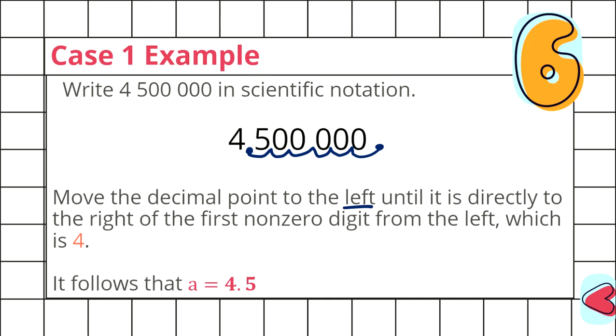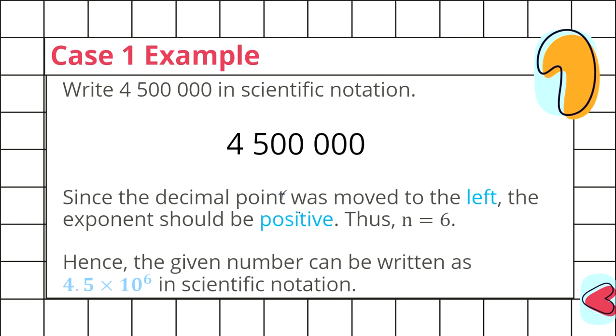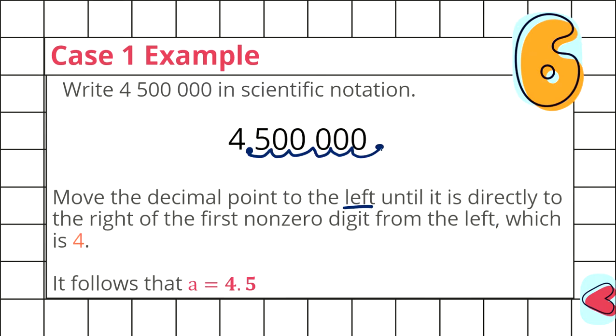Since the decimal point was moved to the left, the exponent should be positive. Thus, our n, or our exponent, is the number of places we moved, and that is 6. If we count that, 1, 2, 3, 4, 5, 6.